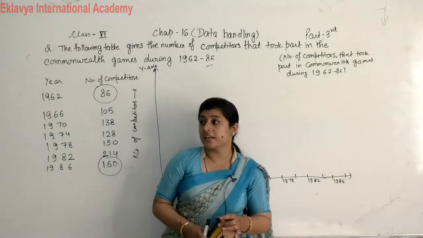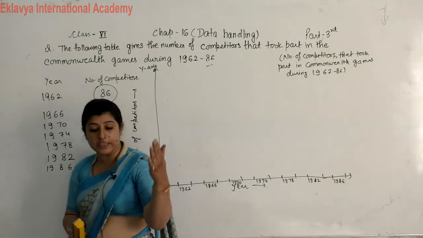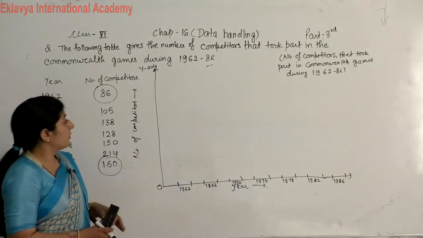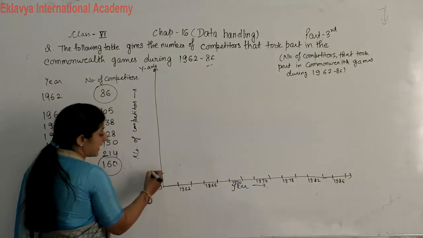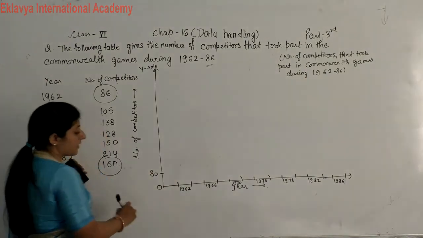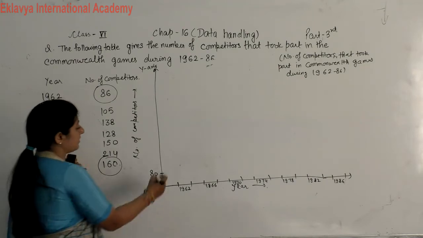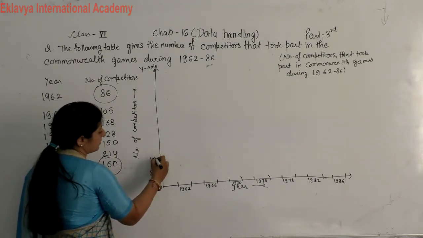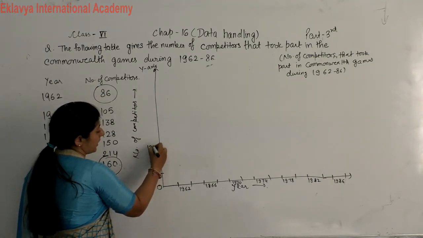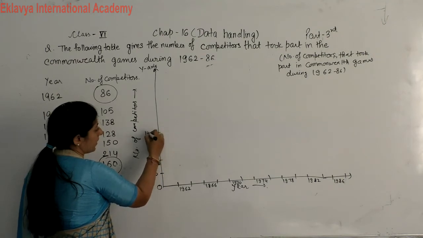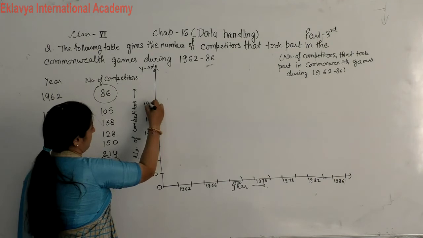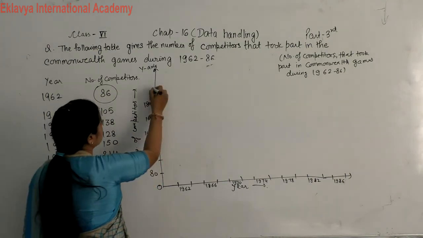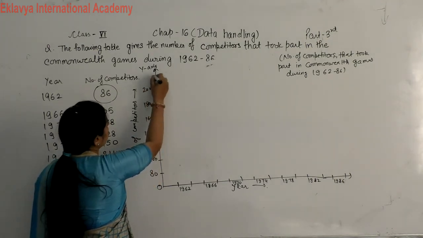You can take a scale like 20, 40, 80. You can start from here 80, then 100, 120, 140, 160, 180, 200, 220.